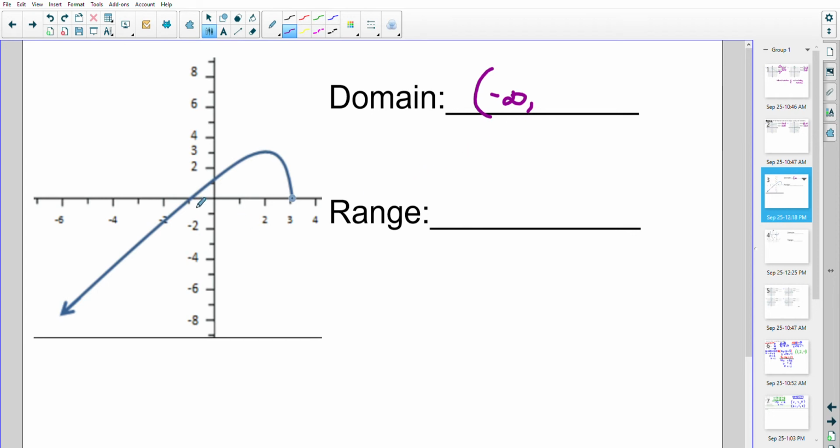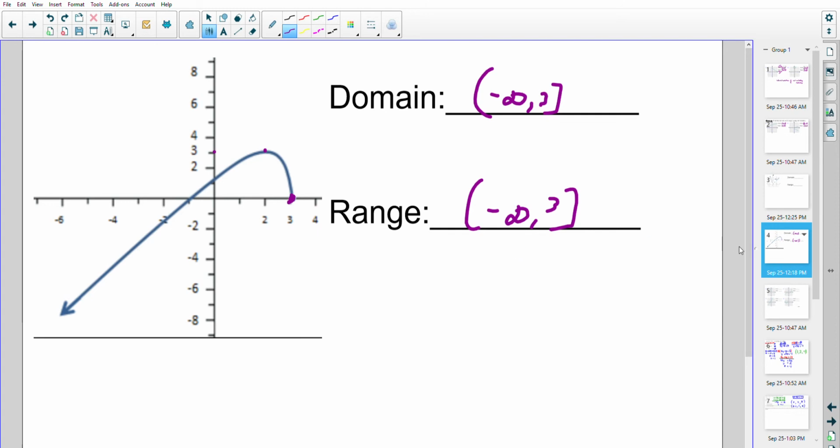And I'm going to go on my x's to 3, which means this right here, I can't tell, let's just say that it is included. So it's going to be 2, 3 included. The range is going to go all the way down into the y's. So it's -infinity to, let's say that that point is going to be at 3. So it's going to be the same exact thing as the domain.